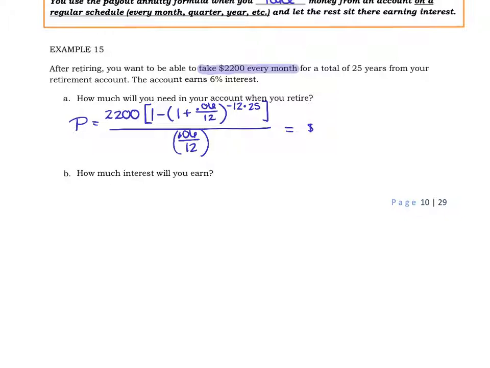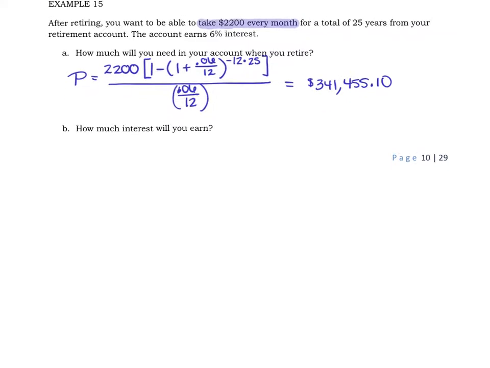You need to have $341,455.10 saved up by the time you would retire. Okay, how much of that is interest? Now, this is a little different perspective, because you continue to pull out money.